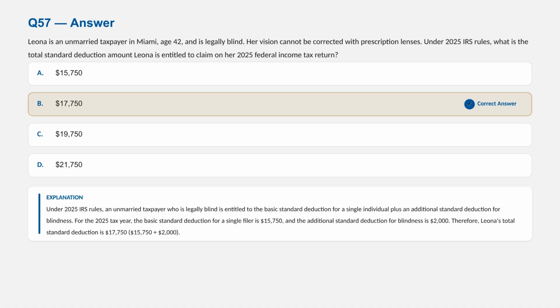For the 2025 tax year, the basic standard deduction for a single filer is $15,750 and the additional standard deduction for blindness is $2,000. Therefore, Leona's total standard deduction is $17,750, $15,750 plus $2,000. Great. Now let's move to our next question.